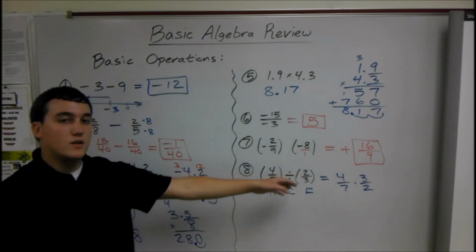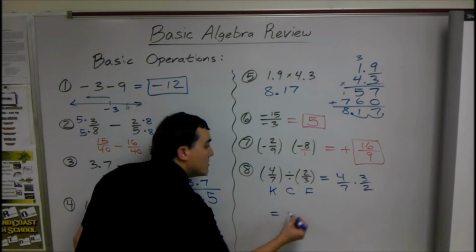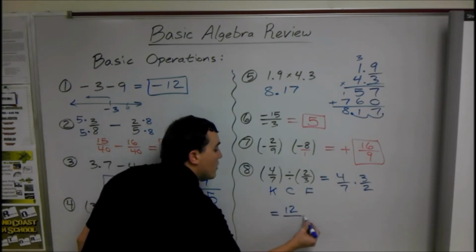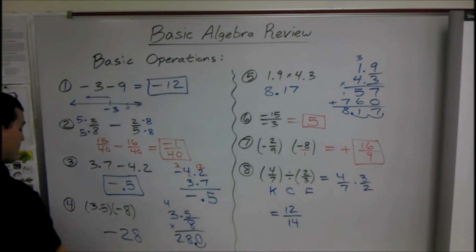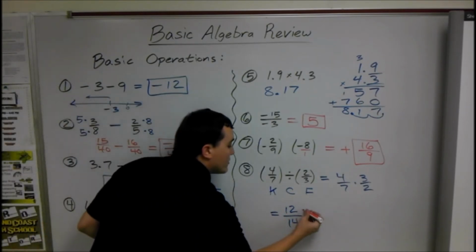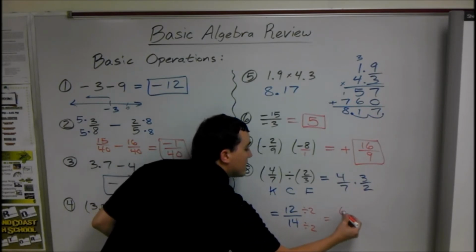You can reduce here, but I'm going to go ahead and multiply straight across like we usually do. Equals 12/14. And we know 2 goes into both of those, so we can divide both of these by 2. So we get 6/7 for this one.